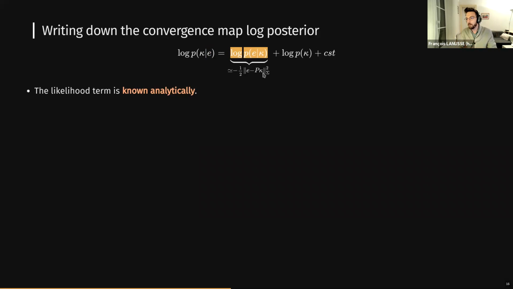So there is no guesswork here. I know what is the amount of noise that I have in my data. I can put it explicitly in my likelihood. I know what are the physics of gravitational lensing. I can put them exactly in my likelihood, and that allows me to relate a given convergence map to the shear that I would expect to find on the data. So this guy, there is no guesswork. I know it perfectly.